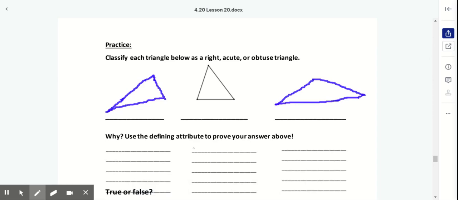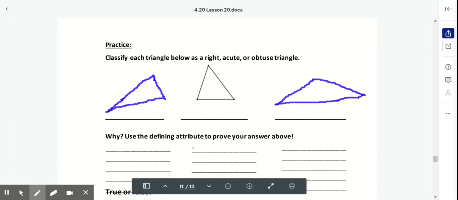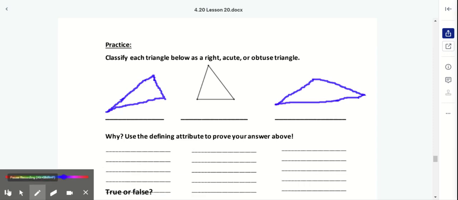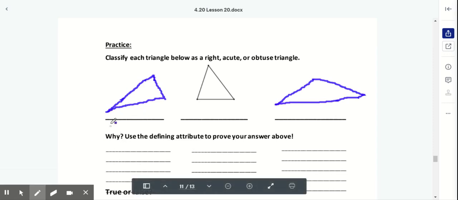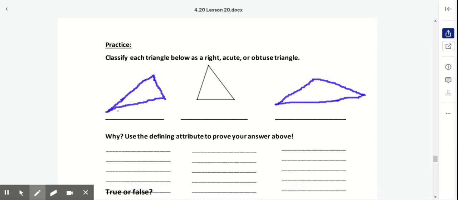The defining attribute is what makes that specific triangle called that triangle. Now, again, like we said, you should have it written in the lines below or on your scratch paper. This is a right triangle because it has two acute angles and one right angle. Make sure you have that written down.